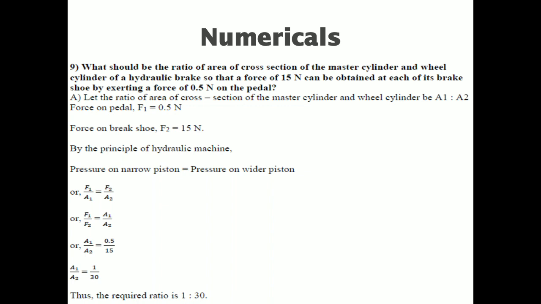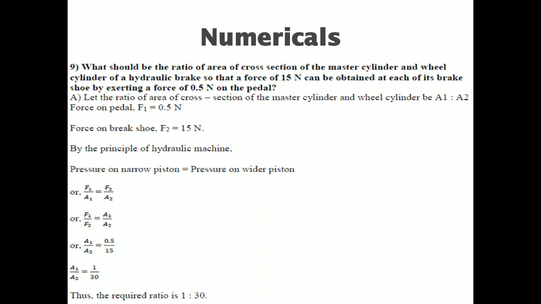We have to find the area. We are applying hydraulic brakes force. We are applying 0.5 Newton on the pedal, and the vehicle is coming to a halt by a force of 15 Newton.